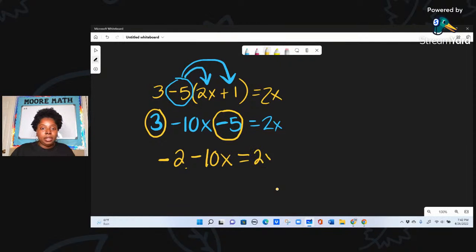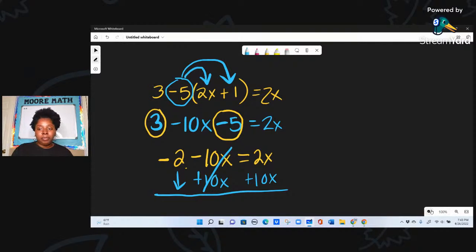And we have 2x. And now let's move this x over to the other side. So plus 10x. To move it, we have to do the opposite, which is adding. So to get rid of this minus 10 and move it, we're going to add.